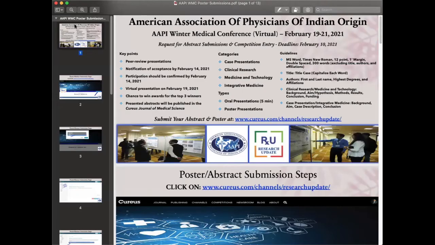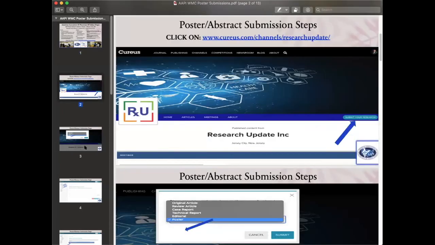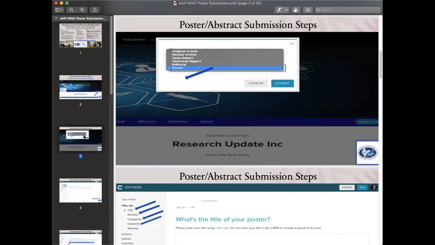Once your poster is accepted, you are going to get the submission link. There you are going to submit your poster, using the submission link which you will be getting. Then you are going to use this presentation to submit your research. You are going to click on submit the research. Poster category you are going to choose.